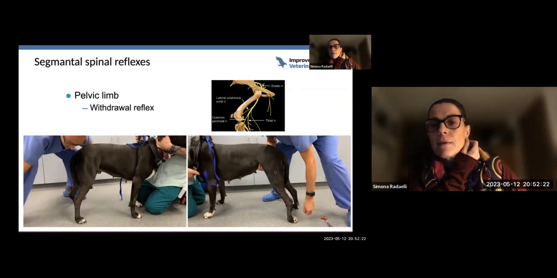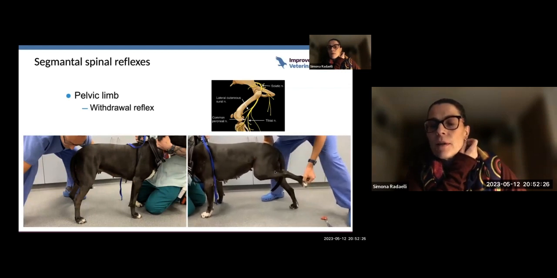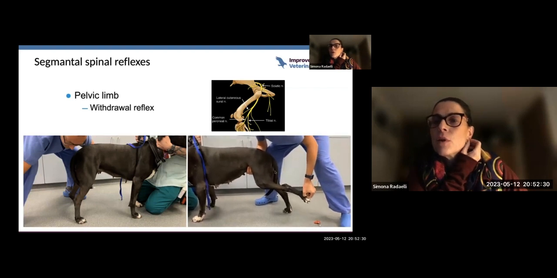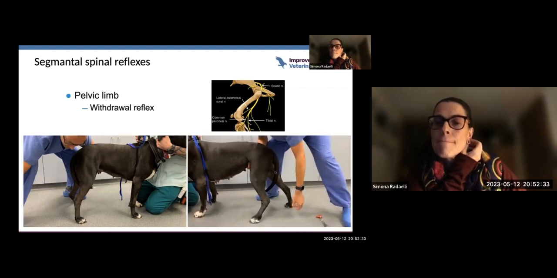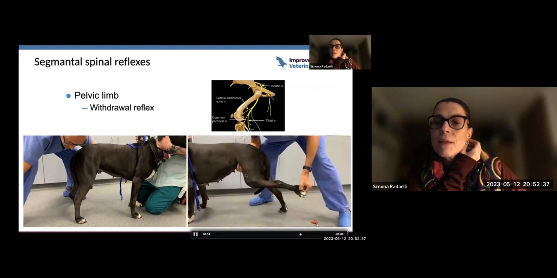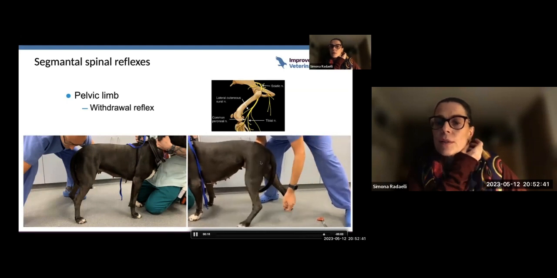On the left side, the animal is knuckling. As you can see, the hock is not flexing, which is typical of a sciatic nerve lesion. The hip is flexing a bit because that's the femoral nerve, but the hock is not. That's the sciatic nerve.